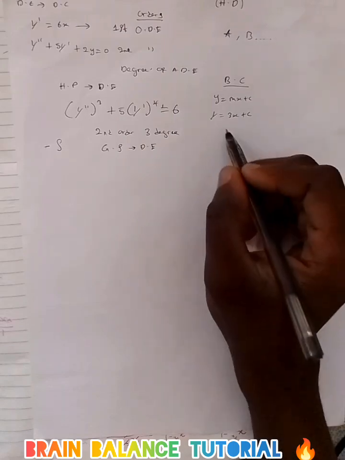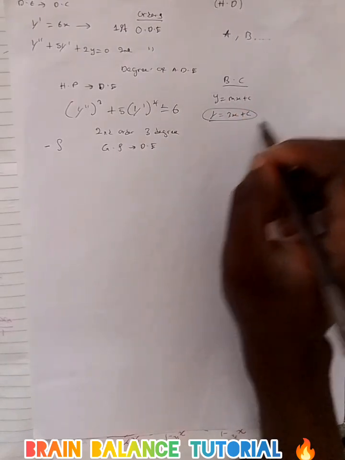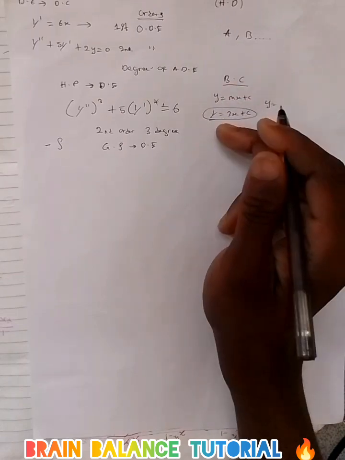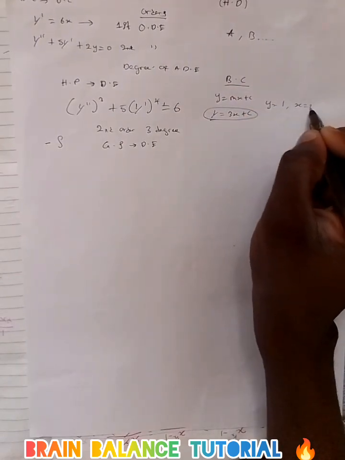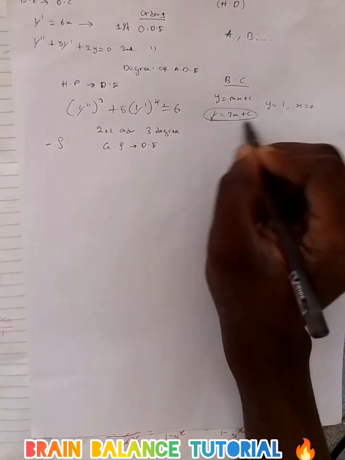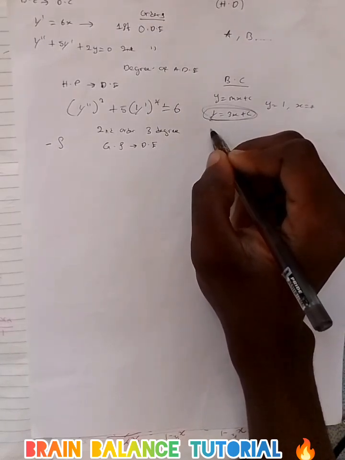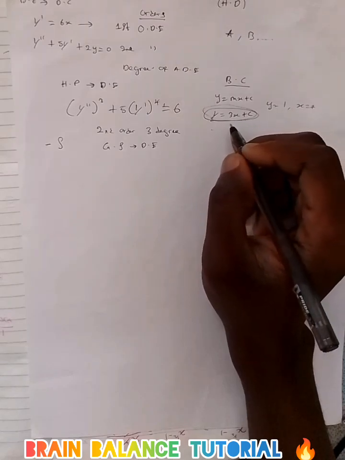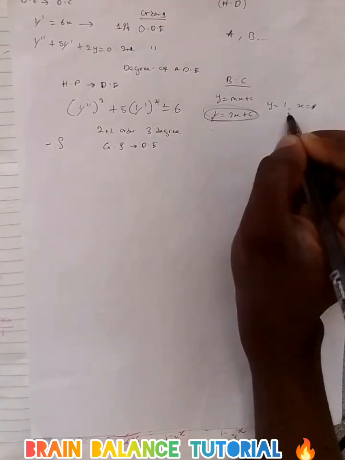Then they will give you a boundary condition: after you solve your equation and get the general solution, they can say let y equal 1 and let x equal 7. Let me do something easier: let x equal 1, and y equal 2.